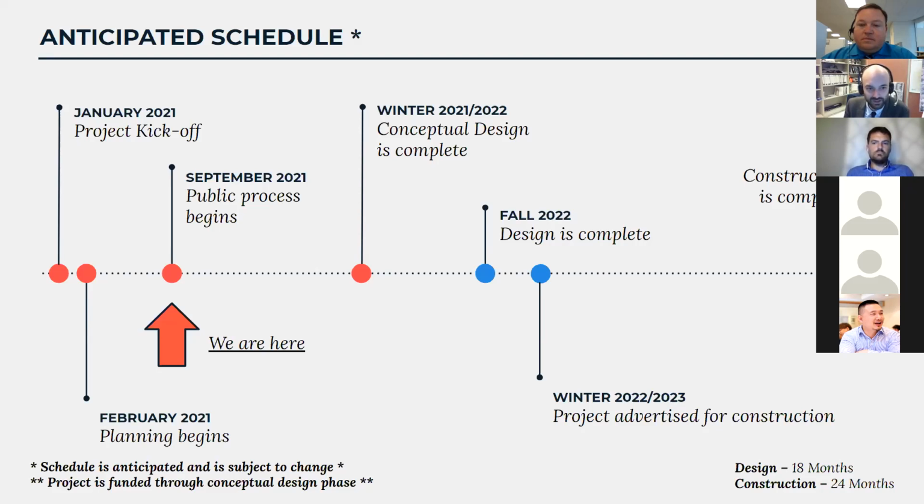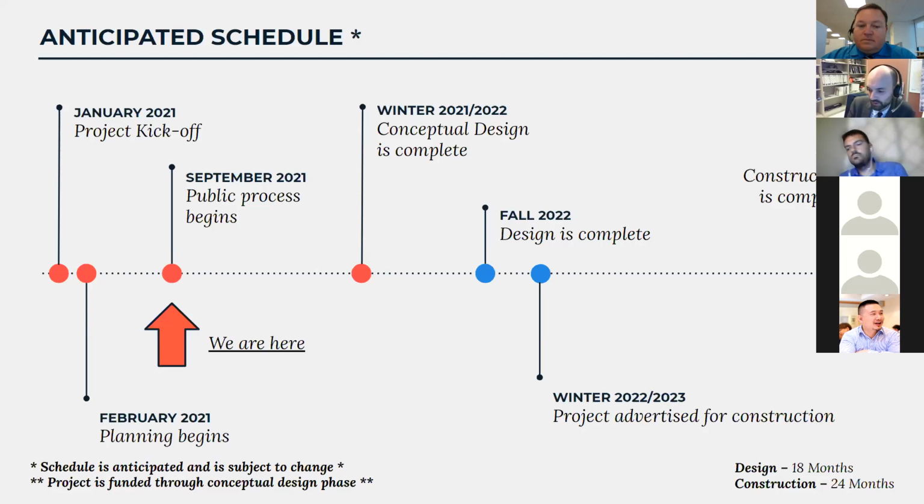But we're just now beginning the public process, and we'll take the feedback that we get from this evening, and we'll run with that and start working on a conceptual design. And the goal is to have a conceptual design completed by winter 2021, early 2022. By conceptual design, we mean basically what it sounds like.